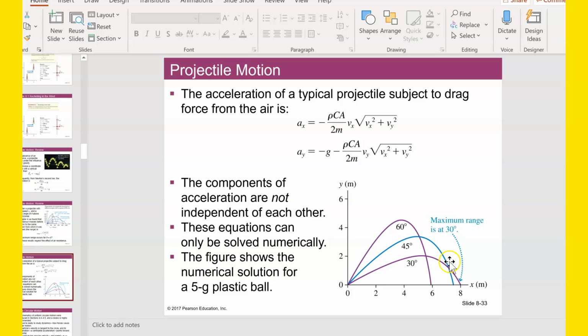When there is air resistance, now look at the path. The air resistance is happening to this thing the whole time, and it makes it not a symmetrical parabolic shape anymore.